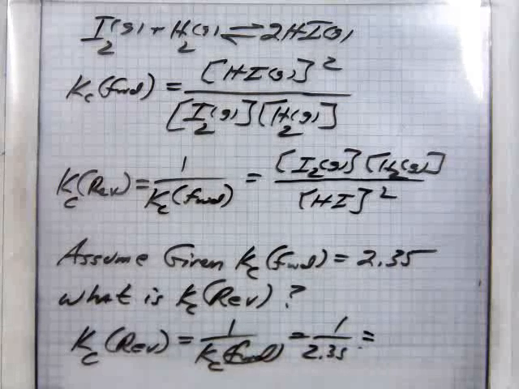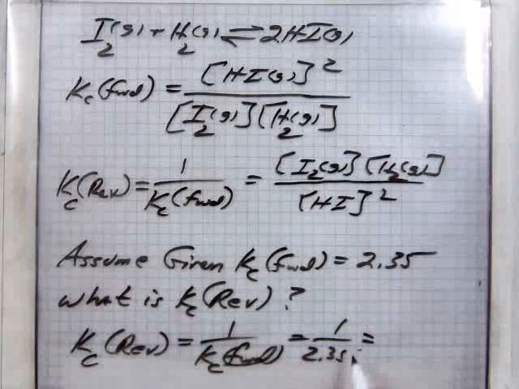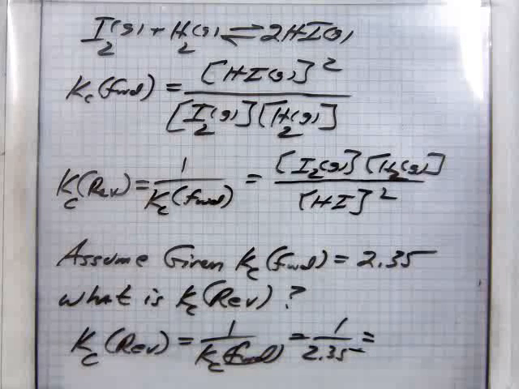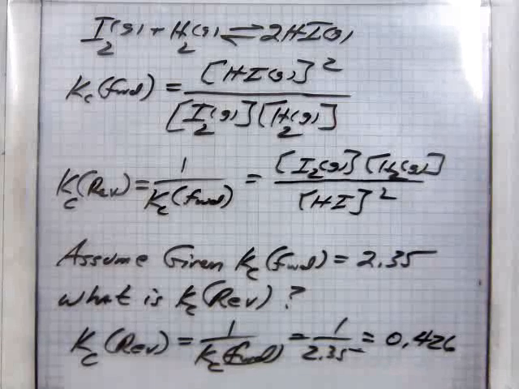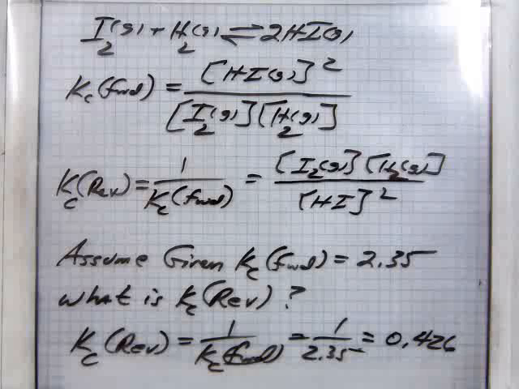Taking the reciprocal, I get 0.426, and that would be your K value for the reverse reaction. So it's not too efficient going in that direction. That's all it means. Everybody good on that? Just hitting some high points right now.